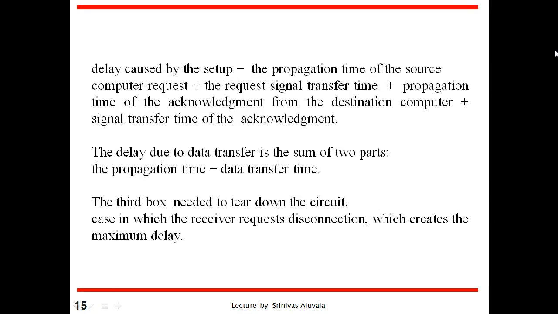The delay due to data transfer is the sum of two parts: propagation time and data transfer time. The third is the time needed to tear down the circuit, in case the receiver requests disconnection, which creates the maximum delay.